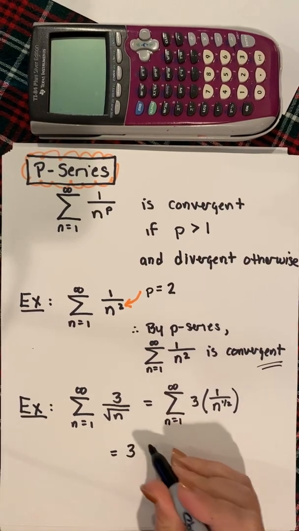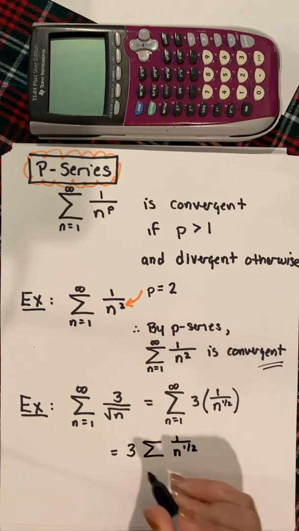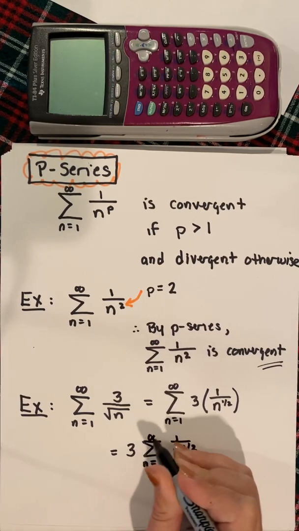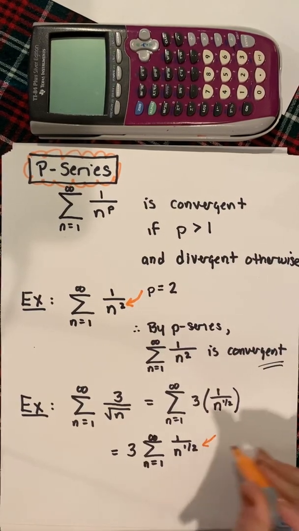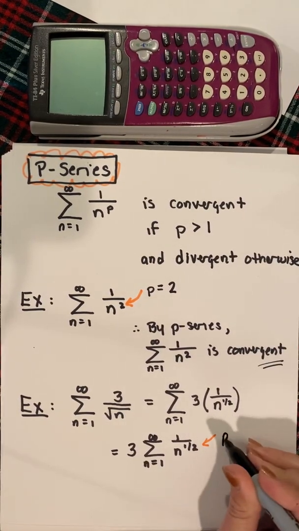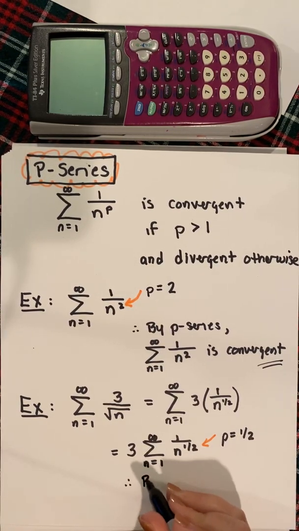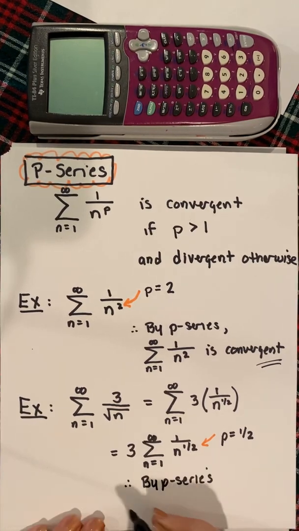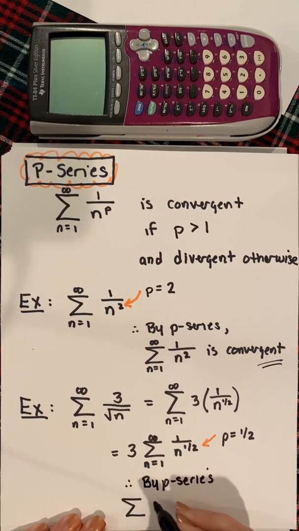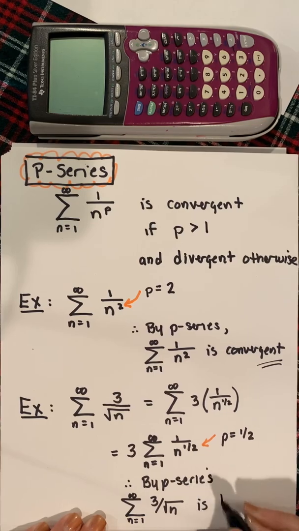So this is really just 3 times 1 over n to the 1/2. A constant times the series does not affect the convergence or divergence, so this is a p-series, and p equals 1/2. Therefore, by the rule for p-series, the sum of 3 over the square root of n, n equals 1 to infinity, is divergent.